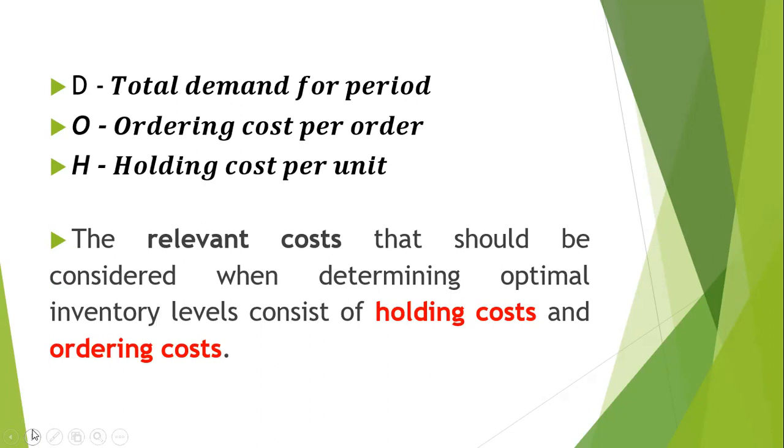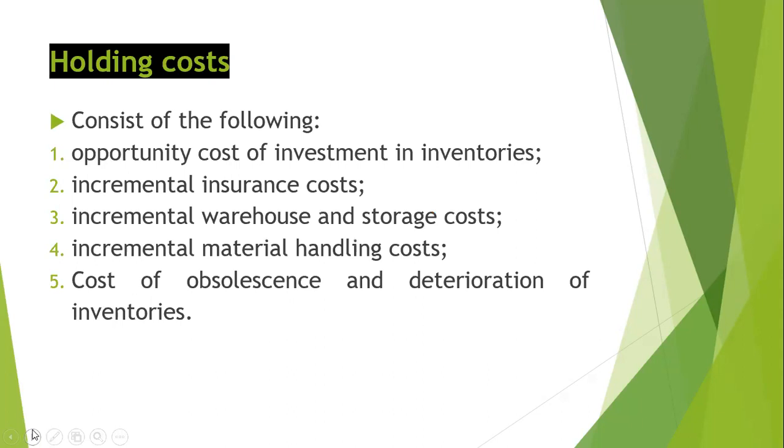Now, the relevant costs that should be considered when determining the optimal inventory levels consist of the holding costs and the ordering costs. Holding costs are those costs incurred to hold the inventories.